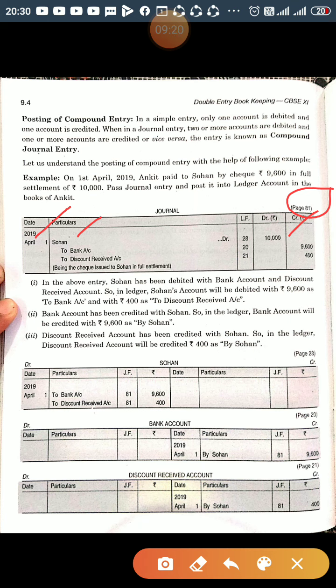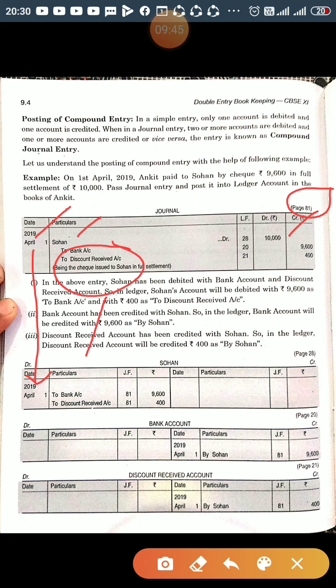So you will enter the date on the debit side, because Sohan was debited, so all the entry will be posted on the debit side. So you will write the date. Sohan was debited, against him two accounts are credited, bank and discount received.